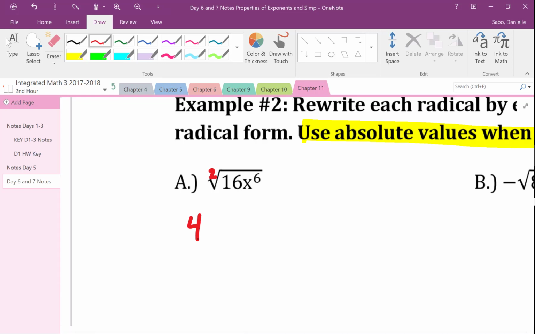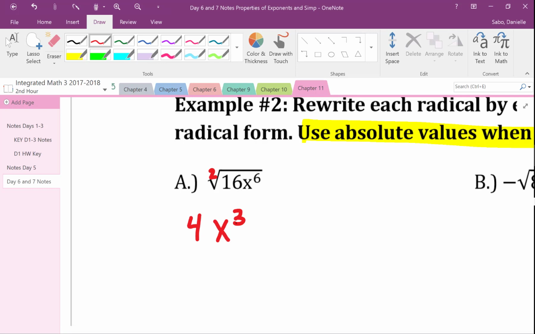Okay, now let's talk about x to the 6th power. Does anyone know how many I can take out of my x to the 6th? 3. Why 3? Very good. So let me go over that. I always kind of think of my index here too.